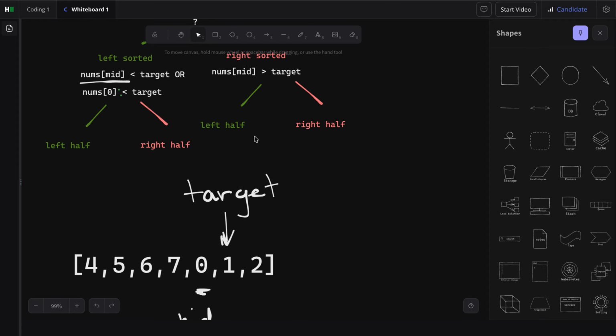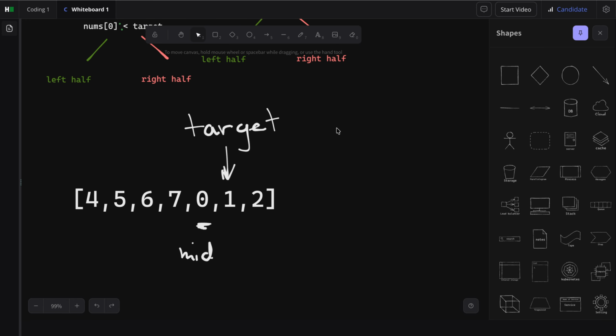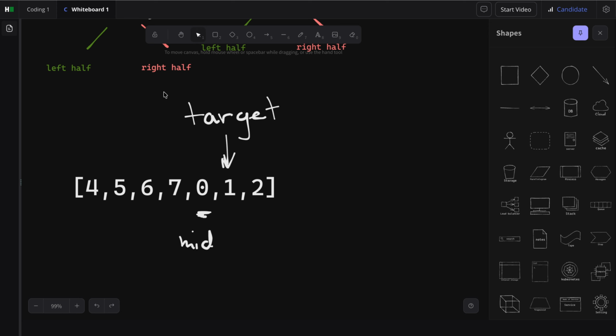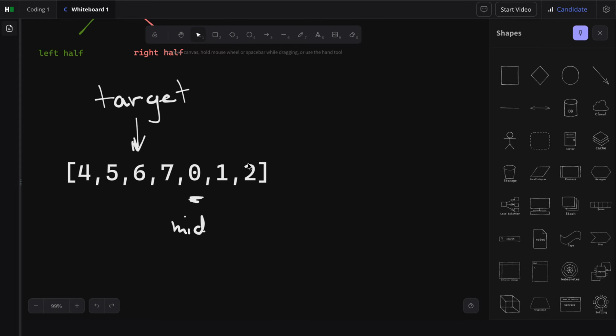And so we go into the left half. Wait, what? No, we go into the right half, yeah. And then if the target is in this section over here, the left sorted, 0 is still less than the target, so still the right half. That's not enough. And again, I guess it's a check for this left value.